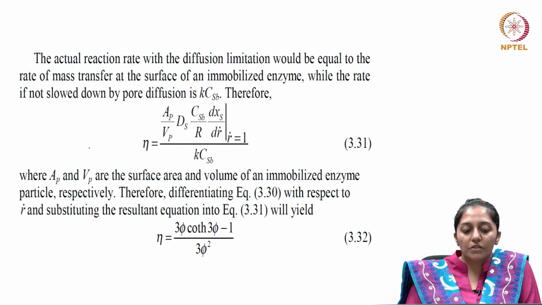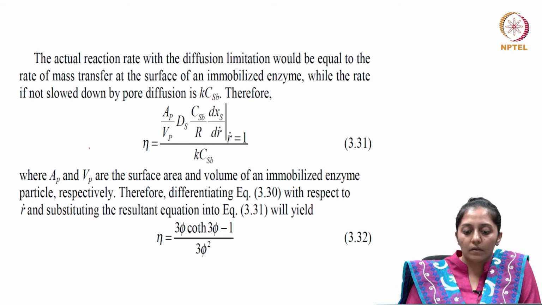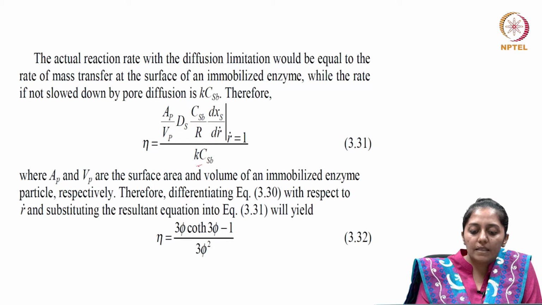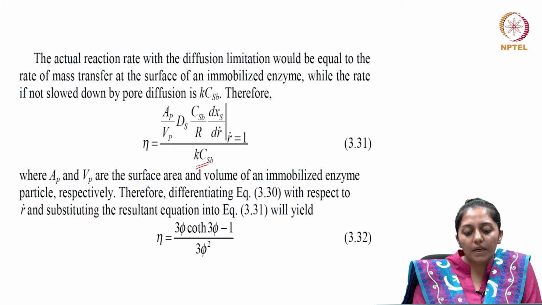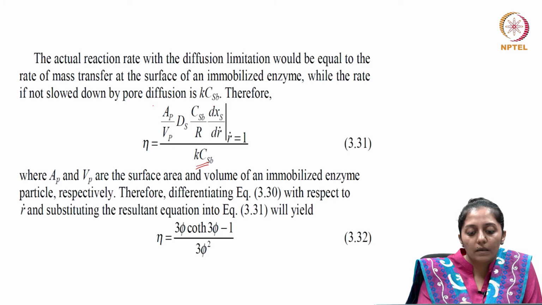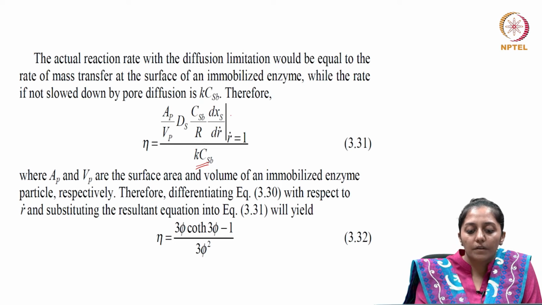So, what would the maximum mass transfer rate be? It will be k Cs_b, because there is no diffusional limitation. So, whatever is at the surface should be able to reach the inner core. So, the maximum rate would be k Cs_b, and the actual rate will be equal to the diffusional rate here at r dot equal to 1.